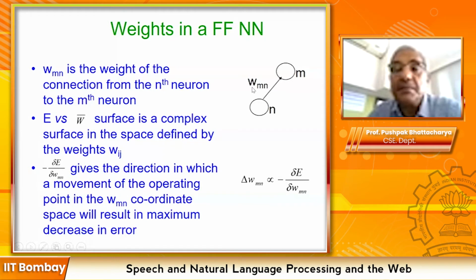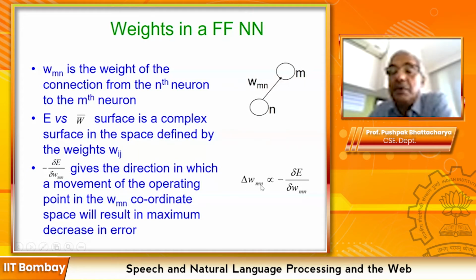So the most important step in the discussion comes from the gradient descent rule. The change in weight is proportional to minus ∂E/∂WMN. Okay, so what does that mean? This means that if I initialize the WMN value, then at every iteration, I'll change WMN by delta WMN.